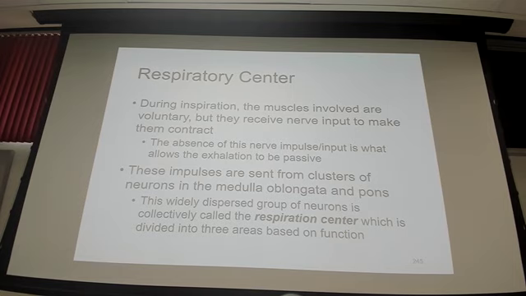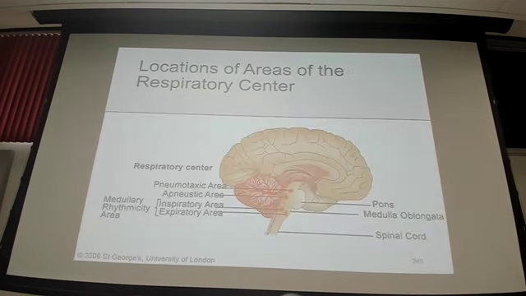Respiratory center in the brain, you guys remember we talked about set areas in the brain that control certain things. Now this is the control for respiration. Collectively, it's called the respiratory center. Nice enough, okay? And we're going to define all of these: the pons, the medulla, and the spinal cord. So we have these areas here, and the pons in these areas, and the medullary rhythmicity center, right?